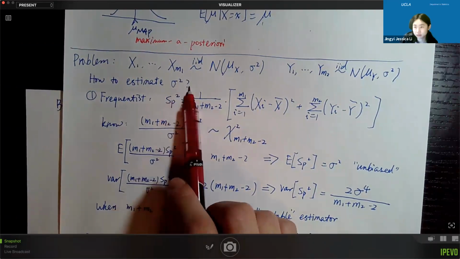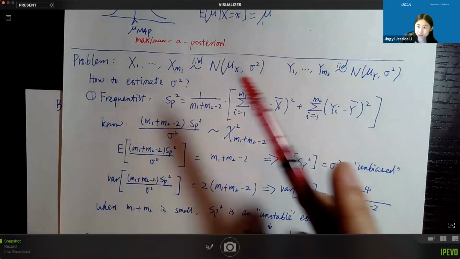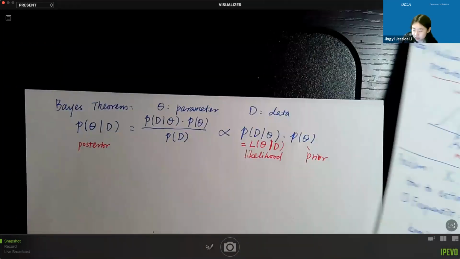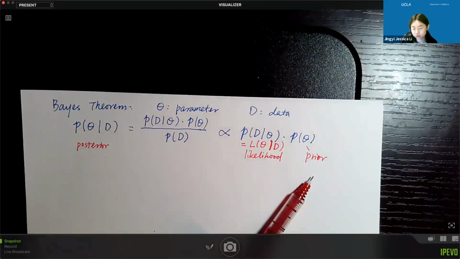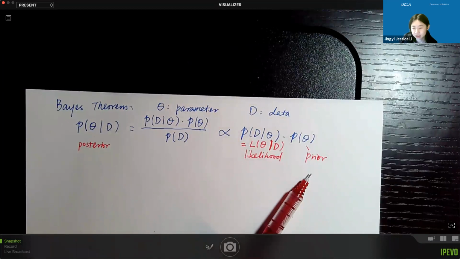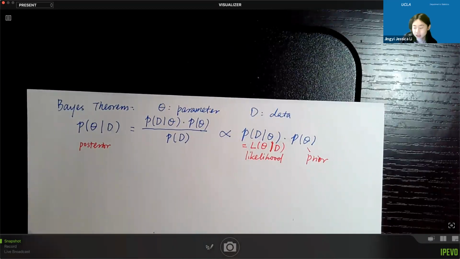But in reality, in most cases, we don't have an actual prior. And this is where the controversy arose between frequentist and Bayesian. People in those two paradigms have been fighting with each other for many, many years because of this controversy. The frequentist people say, you think you have a prior, but you don't, so your prior is a fake prior.